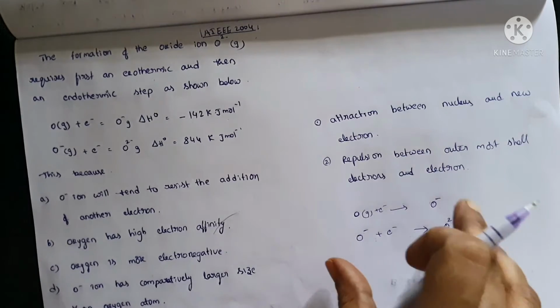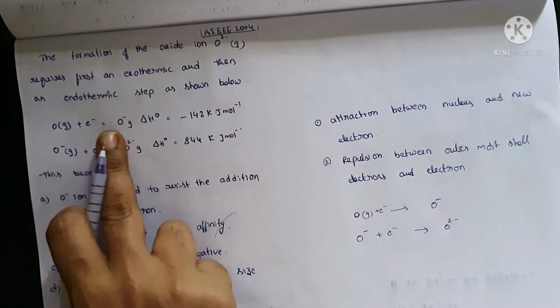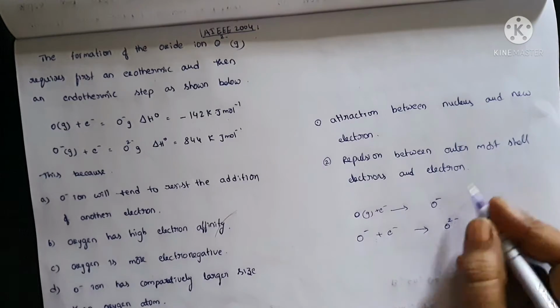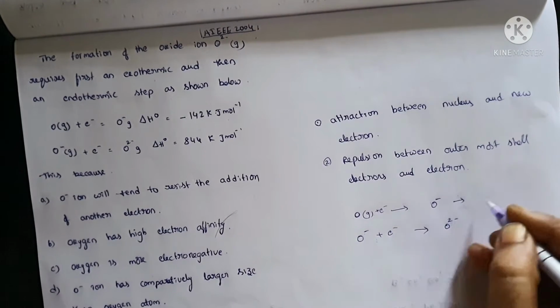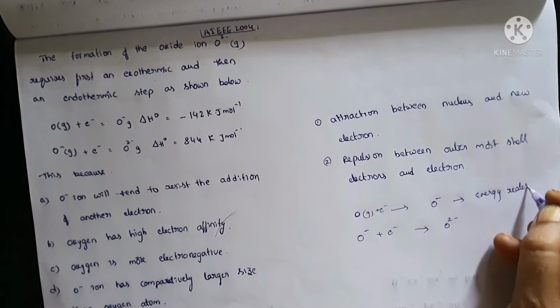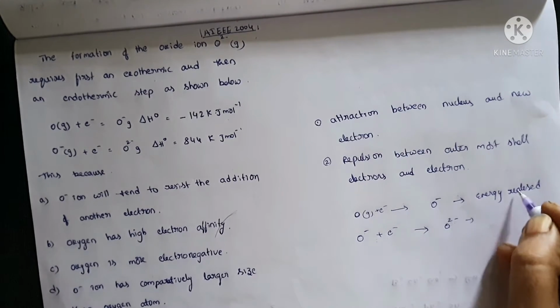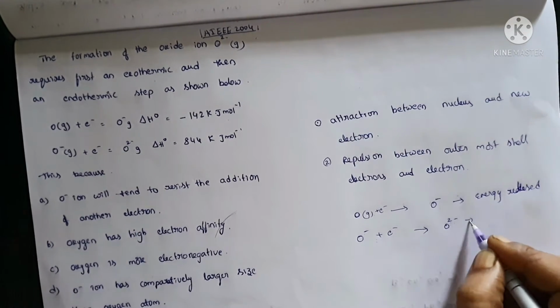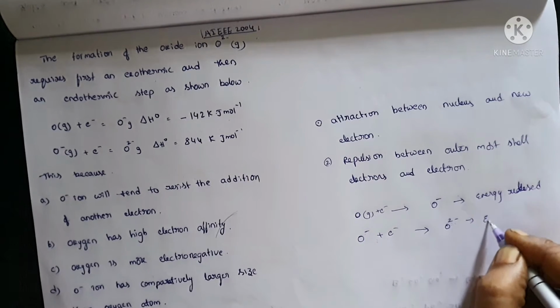Why is it like this? For the first electron, energy is released, whereas for O2 minus, energy is gained.